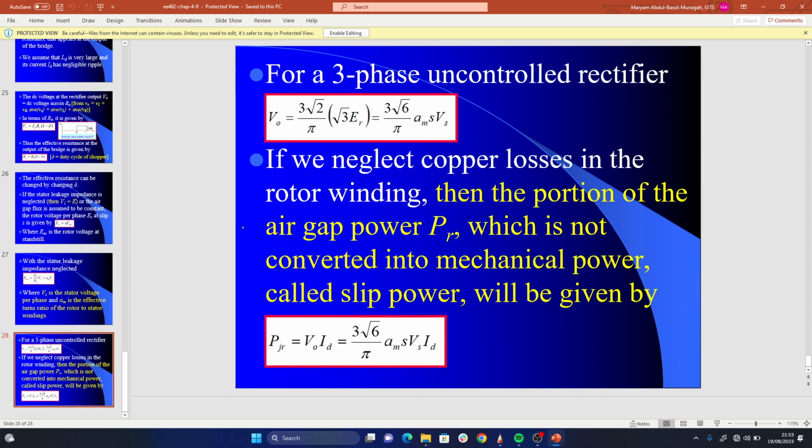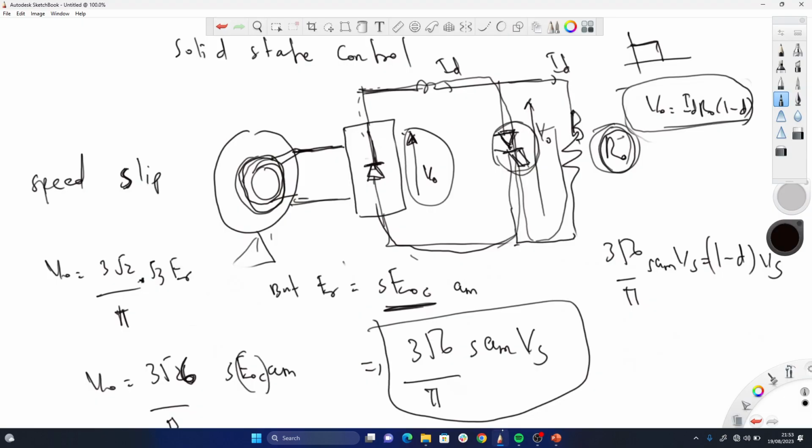The final formula that we must know is this, now the power that gets to this R naught. When I do it, I put some R naught here, right? I had my chopper here, I had my inductance here. The power that gets to the R naught is called the slip power. It's given by PJR, the rotor slip power. PJR is equal to what?